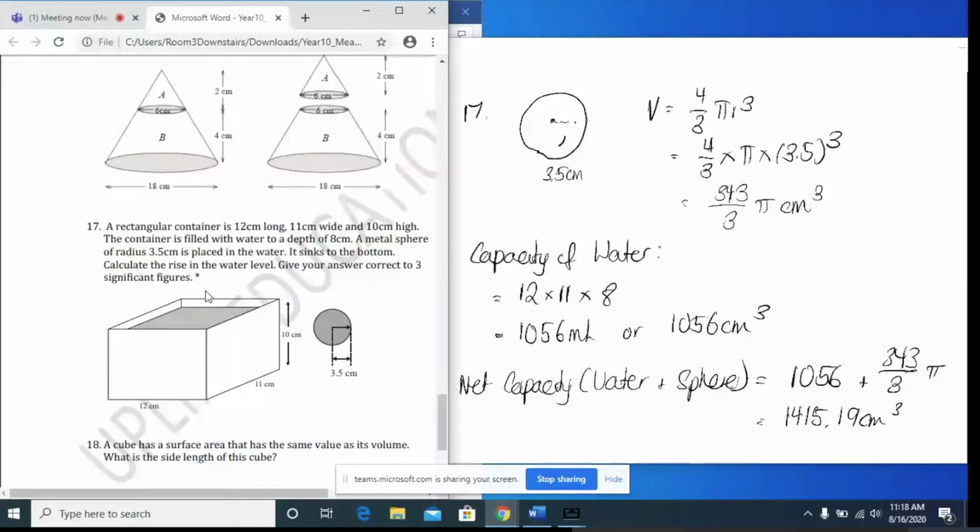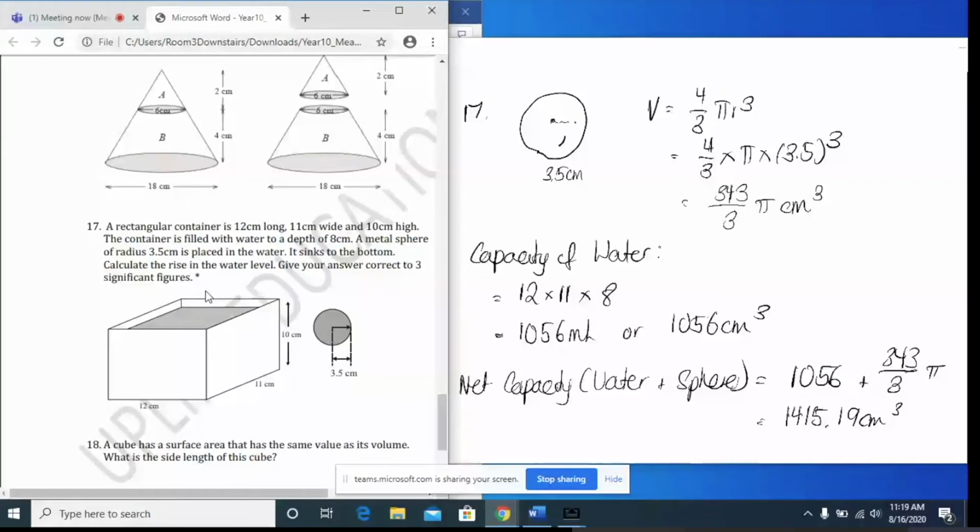That there would be our answer. Now, we're not done yet though. Keep in mind we're not done yet though. The reason why is because we need to figure out what the water level is. So it's great that we have the net capacity of our water and our sphere. It's going to be crucial in answering the question, but we're not done yet.